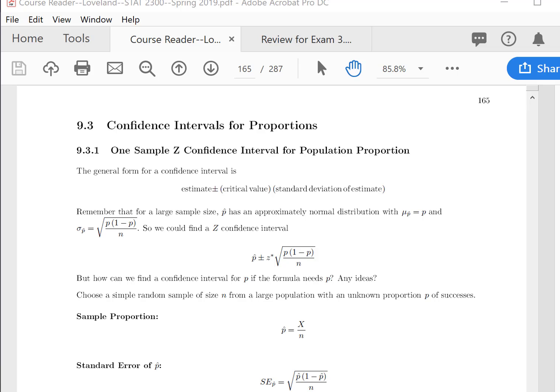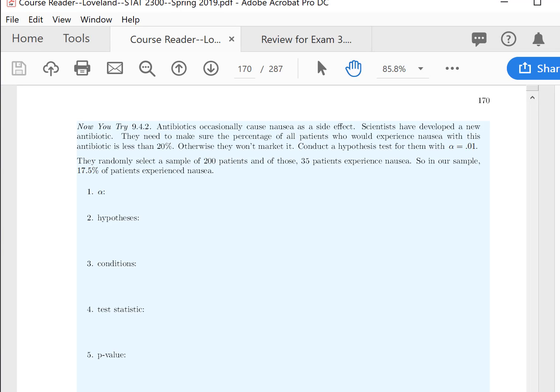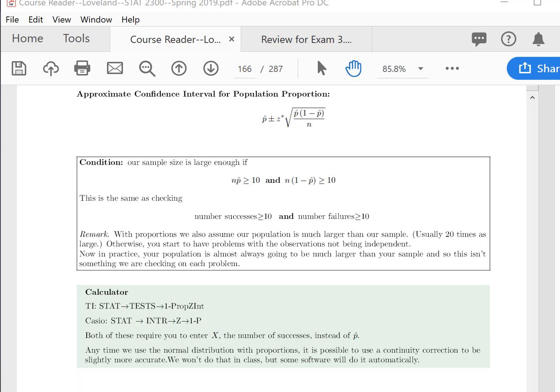And we have an approximate confidence interval we could do: p hat plus or minus z star, the critical value, times the square root of p hat times 1 minus p hat over n. Now you can use this, but you don't have to. You could just use your calculator.